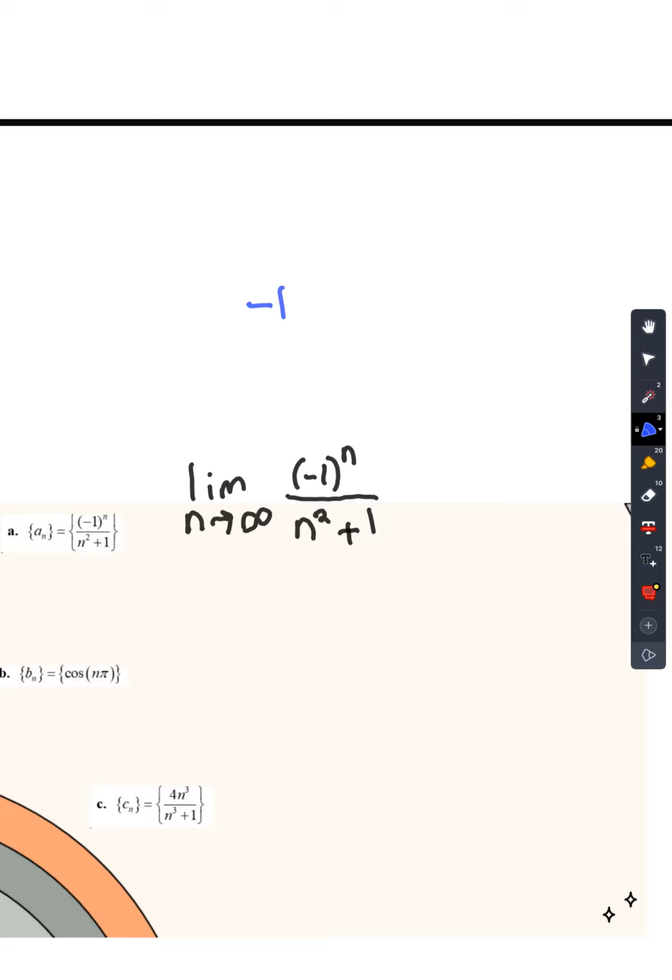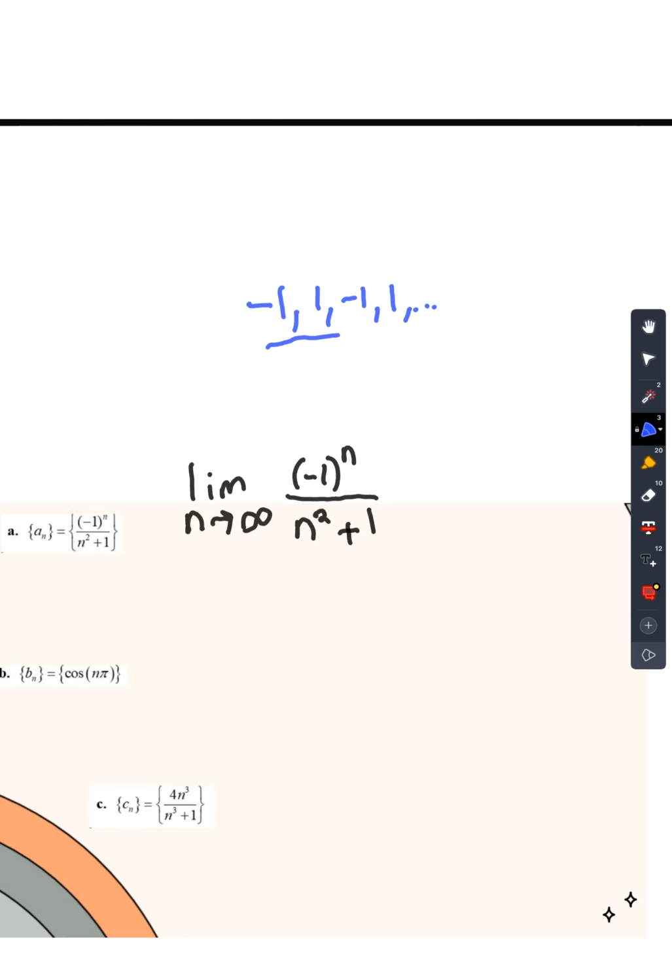So notice that on top, this is what I was talking about earlier with that alternating series: it's just going to alternate between -1 and 1. So it's not a constant in the sense of having the same thing every time, but it is a constant in the sense that it's just very small numbers, 1 and -1, in the scheme of things.